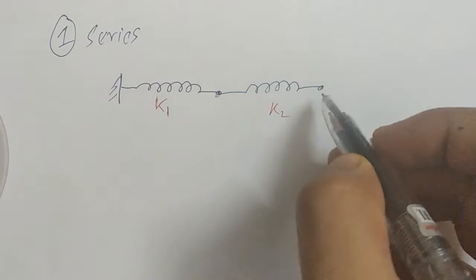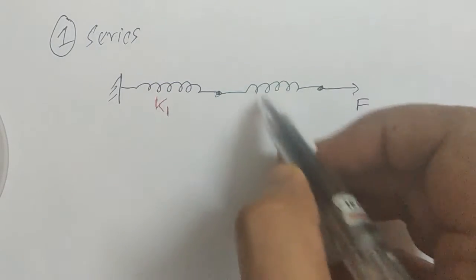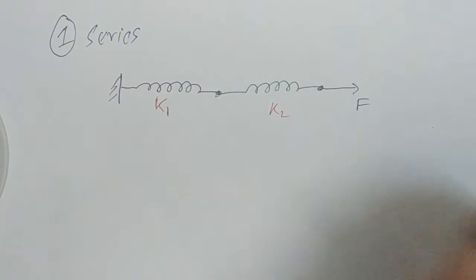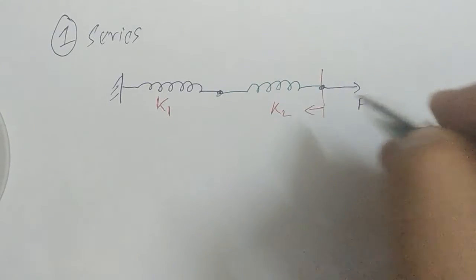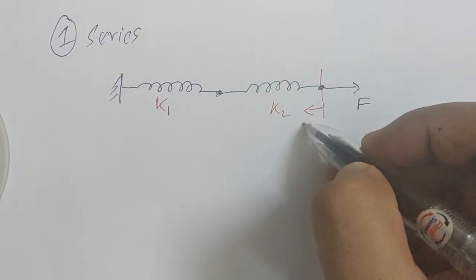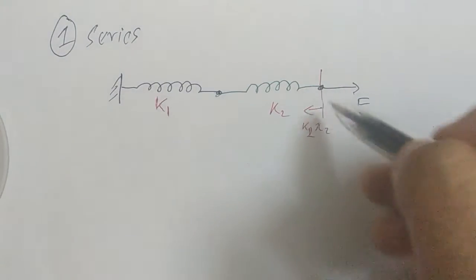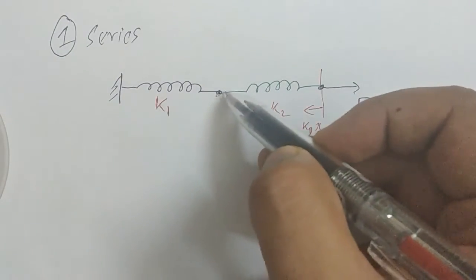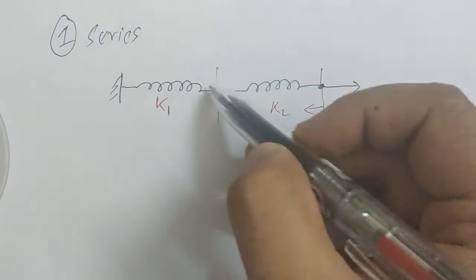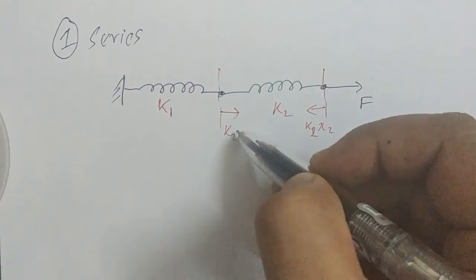Now if we apply a force in this direction, this spring will try to elongate, and due to that there is a restoring force developed on this spring which will act in this direction, and it's given by K2 X2. And due to this restoring force, there is a reaction developed at this end such that this other spring will try to get elongated, and this force will also be equal to K2 X2.